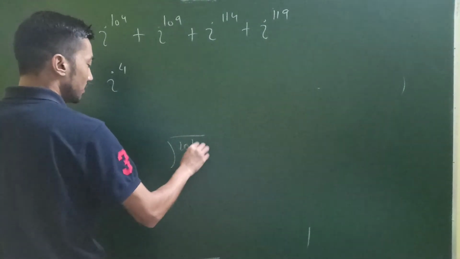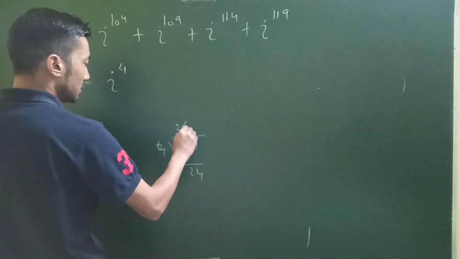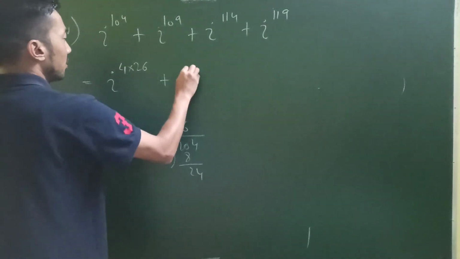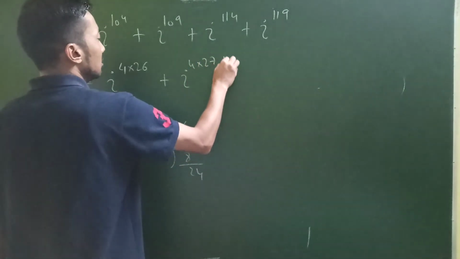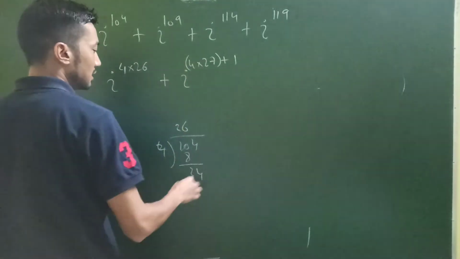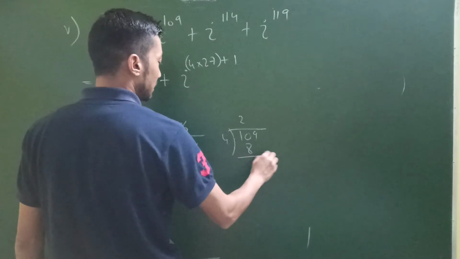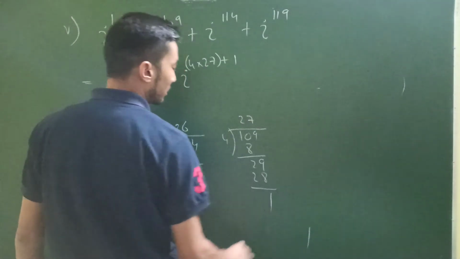We can quickly divide 104 by 4. 4 ones are 4, 4 sixes are 24, so 4 into 26, plus i to the power 4 into 27 plus 1, isn't it? Let's see. 109: 4 twos are 8, 9, 10, 4 sevens are 28, so 1 remainder.